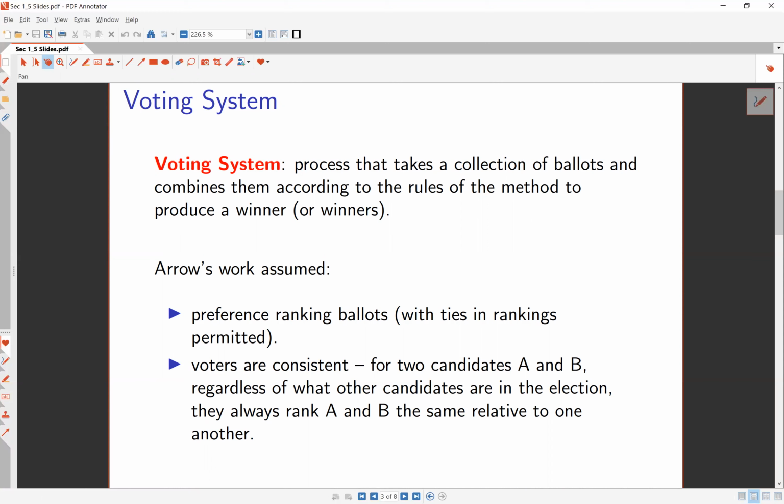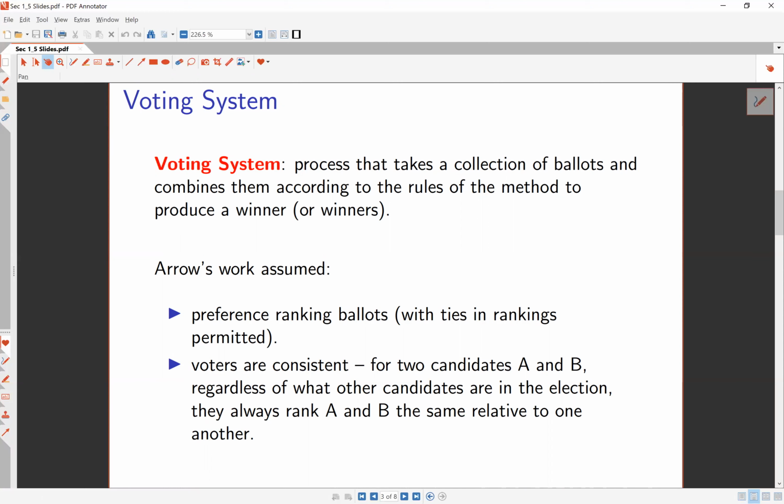And Kenneth Arrow did allow for something a bit more general than what we've discussed, in that the work allows you to tie rankings. And what that means is you could rank two candidates in first place and two candidates in second place. We're not going to go into the math of how that works, just understand that the work of Arrow is a lot more general than just what we've discussed in class.